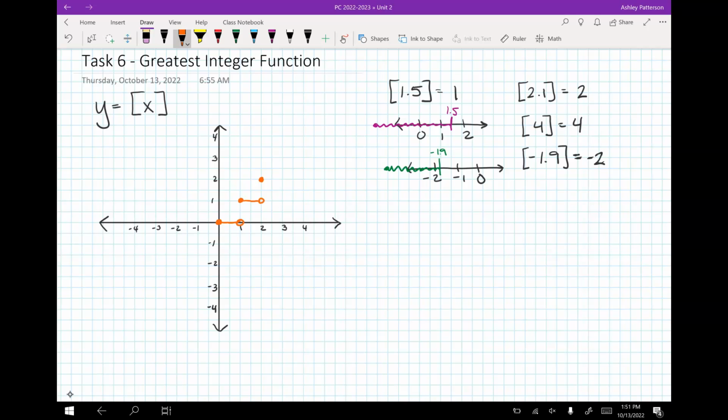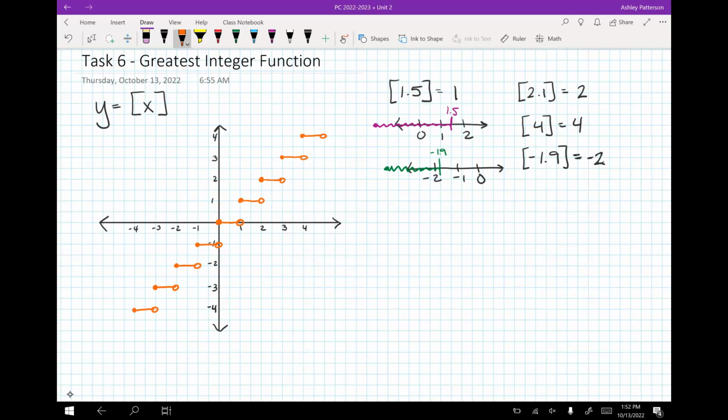We get these steps that extend out to the next integer, and then they jump up. And we can work backwards also to create this staircase. The greatest integer function is referred to as a step function because it is just that. See it? There's steps.